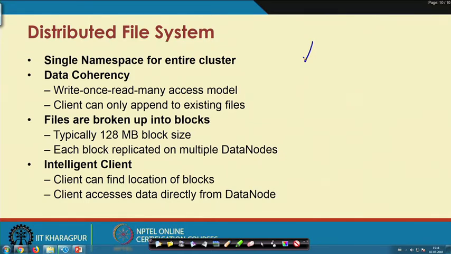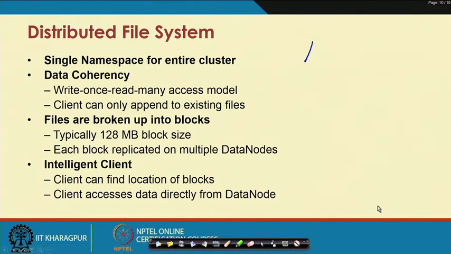This helps in avoiding the bottleneck at the name node level, where only the metadata is stored. The metadata is typically much smaller than your entire data. So, so that there is no single bottleneck, the client has to be intelligent enough to read the locations of the files from the name node and then directly interact with the data node in order to access that data.